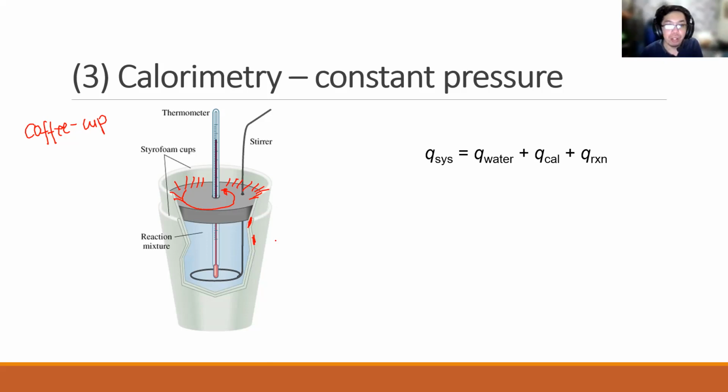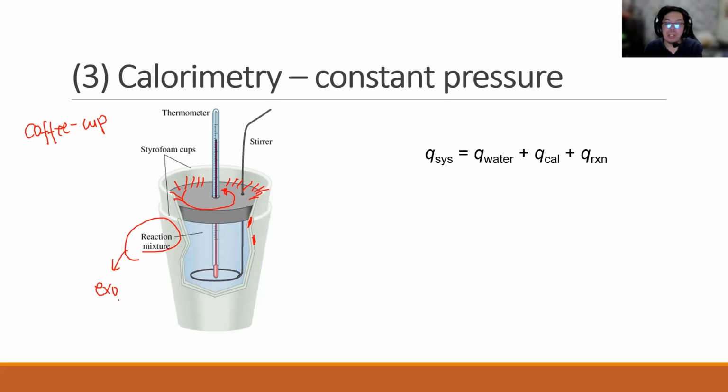So the overall system here is still composed of three components: the reaction itself, whether endothermic or exothermic, the calorimeter, which is why you have Q-cal, and the Q-water. Let's say our reaction mixture is exothermic.